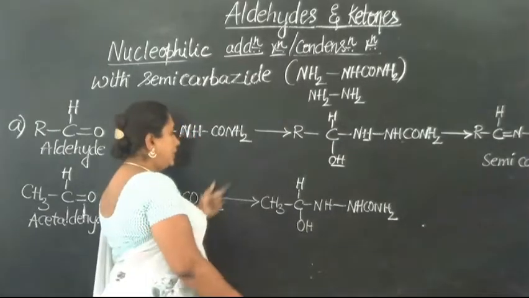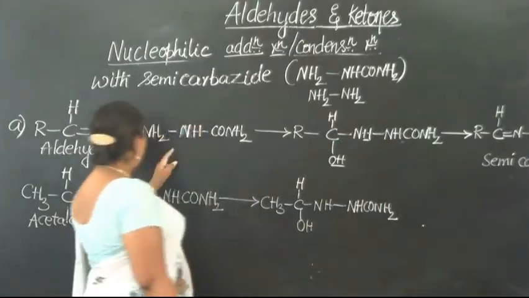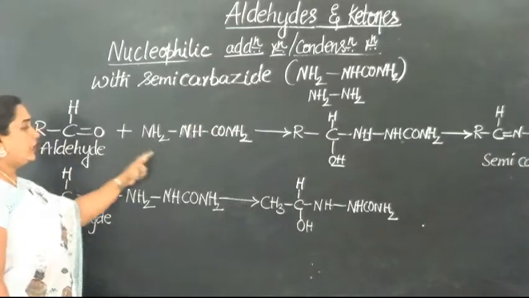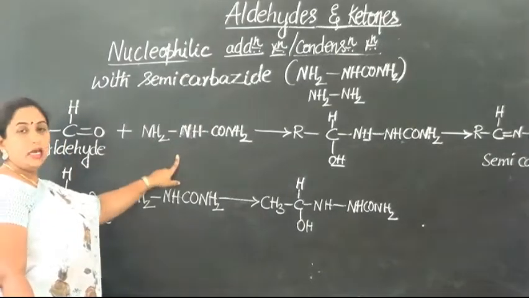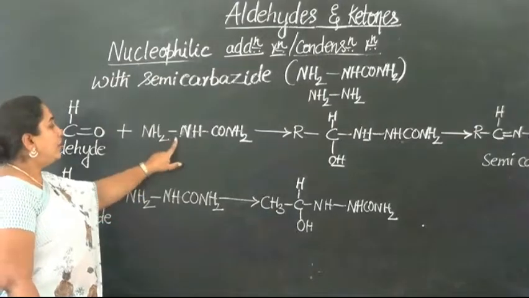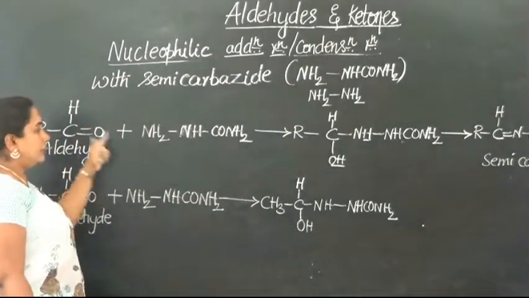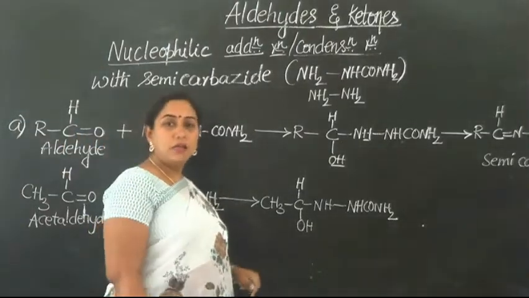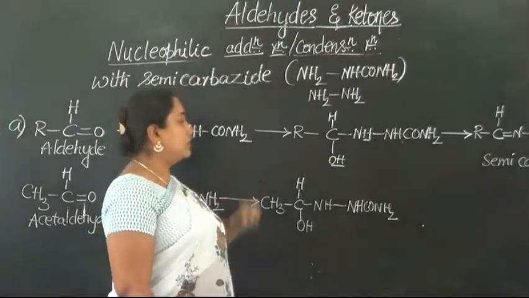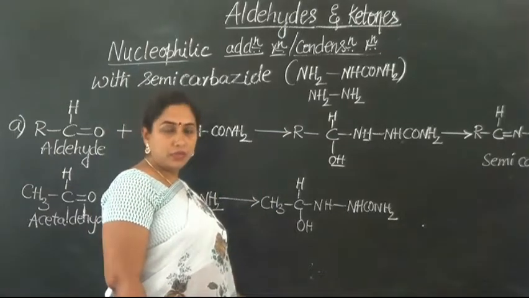As you can observe here, two different molecules are there in the beginning. One is aldehyde, one is semicarbazide. Now when they both add, one molecule is fusing with the other molecule. Therefore, this is also called a condensation process.